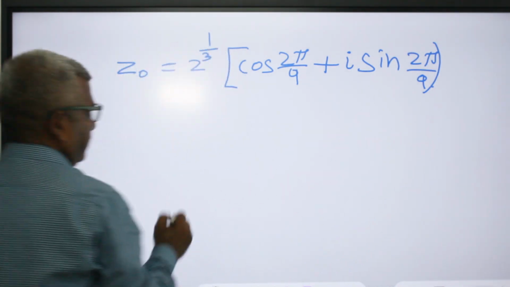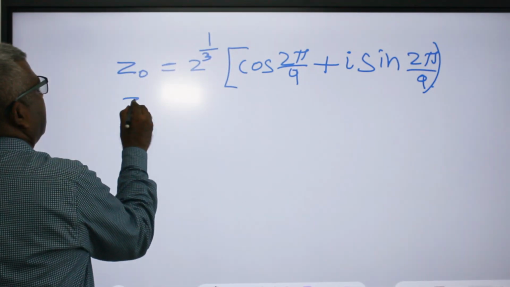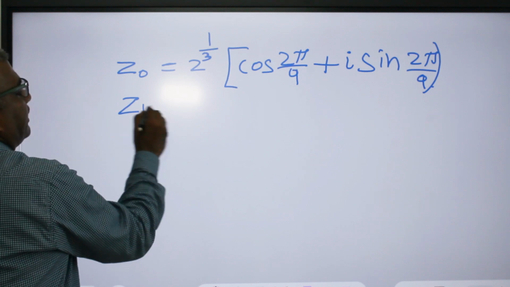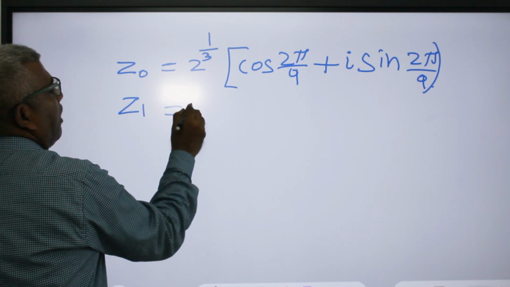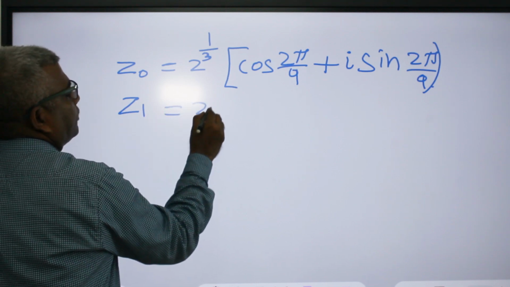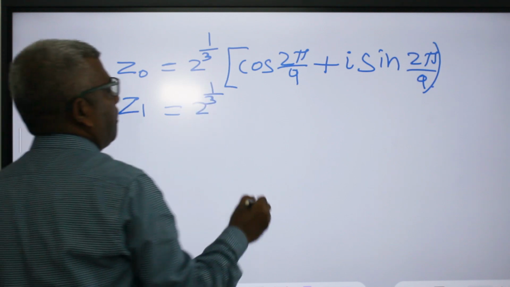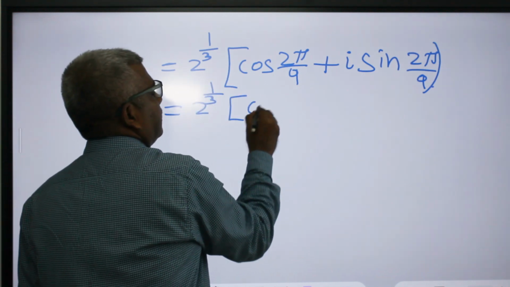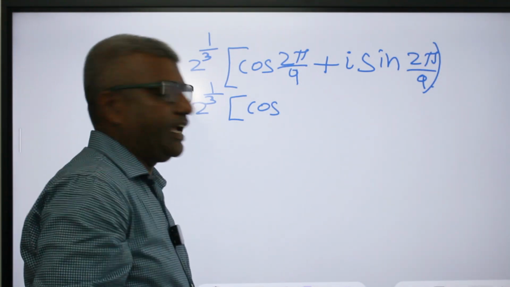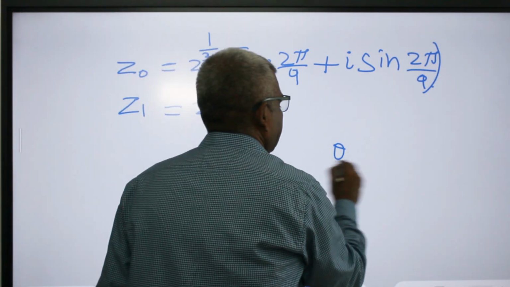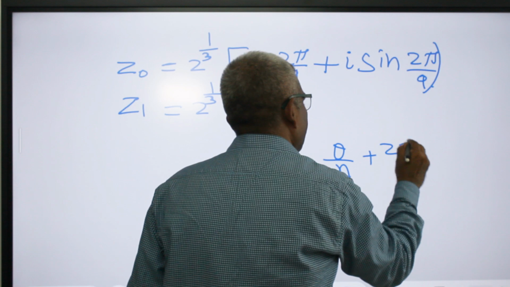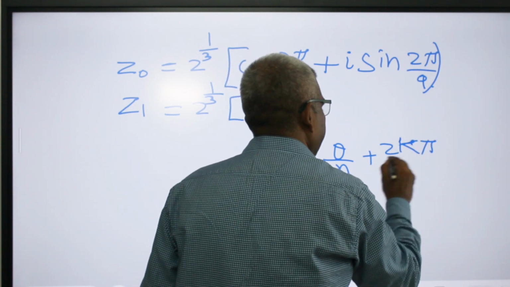Then z1. What is the formula? z k equal to r power 1 over n, now k is 1, r is 2, n is 3, so 2 power 1 over 3, cos of theta by n plus 2k pi over n.